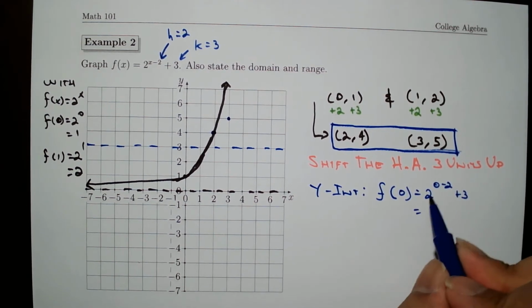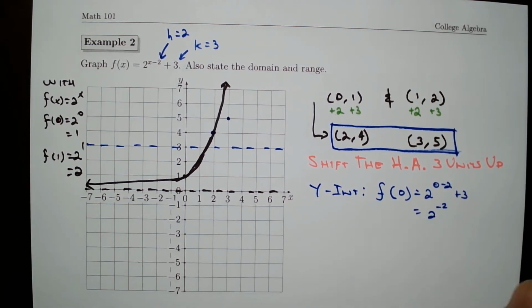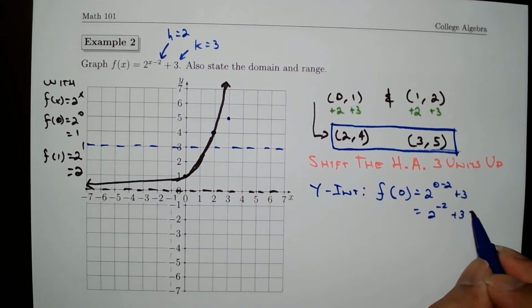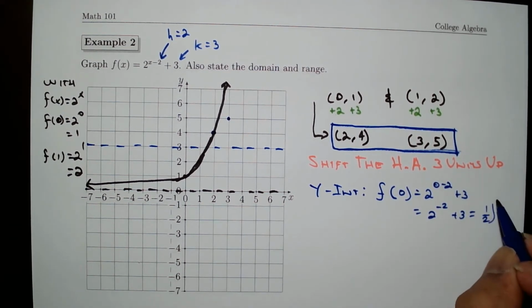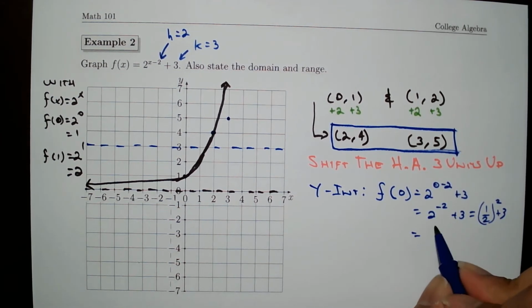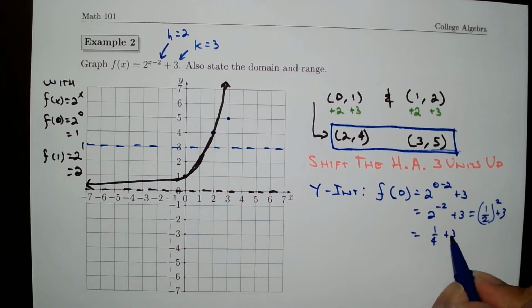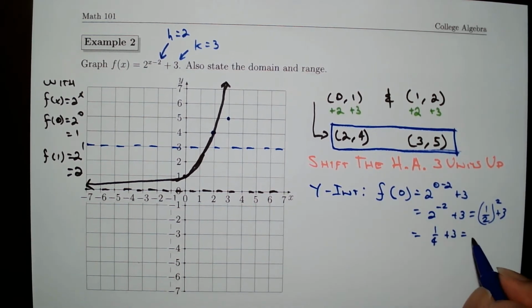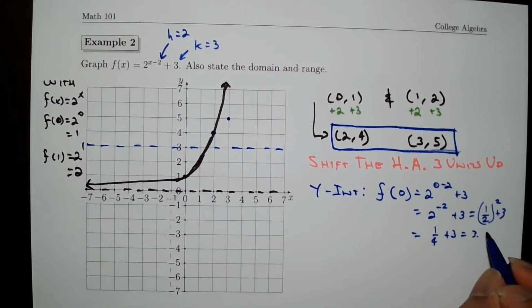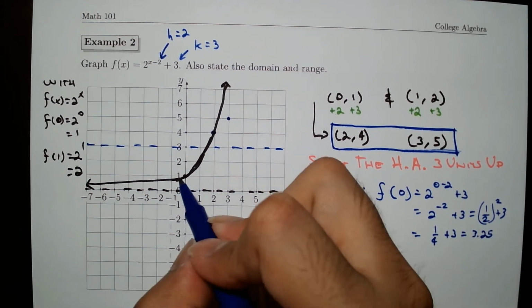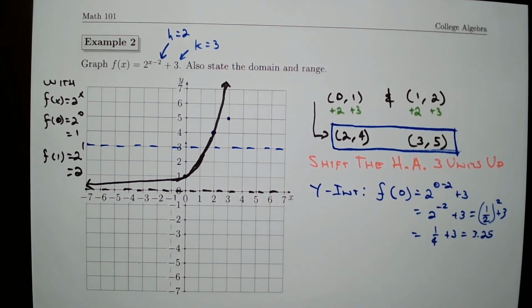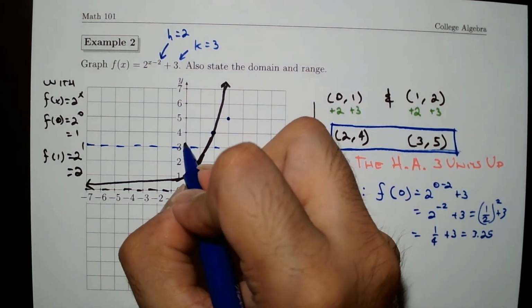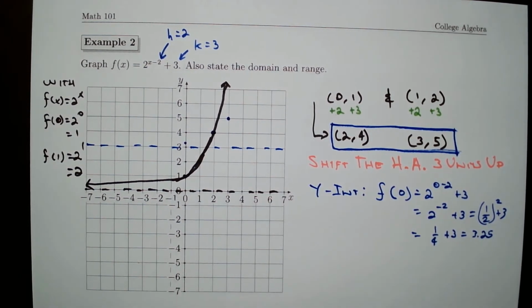So what are we going to get here? 2 to the negative 2 plus 3, which is 1 over 2 to the second power plus 3, which is basically 1/4 plus 3. Using a calculator, we get 3.25. So 3 1/4 is going to be roughly here. It's going to be a little bit hard to graph, but it's going to be there.